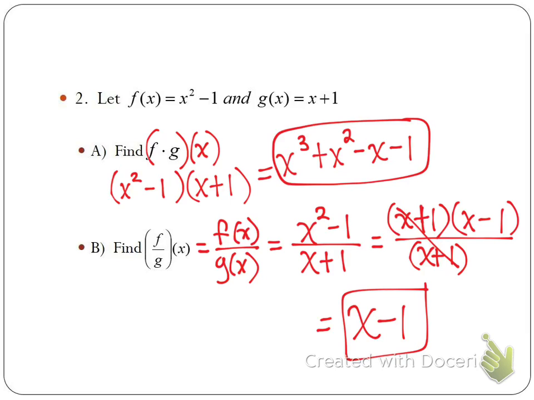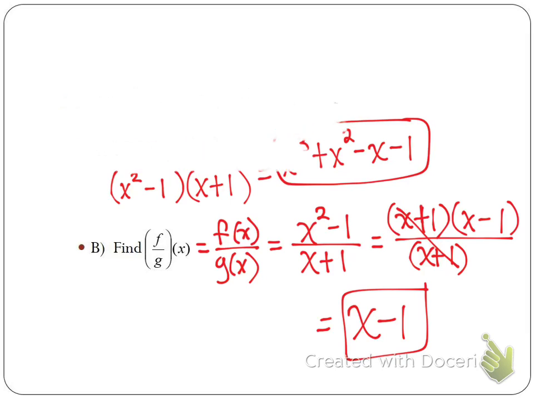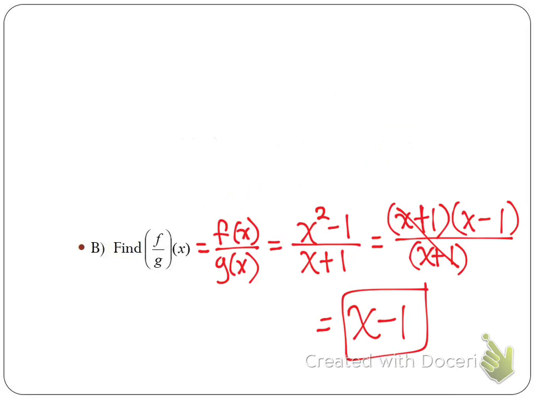We could have gotten the same answer if we'd used synthetic, just to show you what that would look like if you're not great with your factoring. Okay, if we're taking x squared minus 1 divided by x plus 1, so if we write it out with a division sign instead of as a fraction. Okay, first one's from the top, second one's from the bottom. What number should I use in my little box?